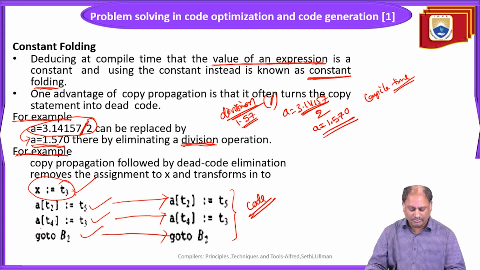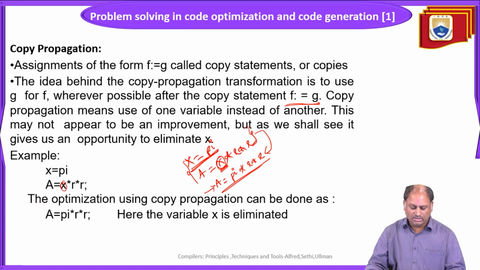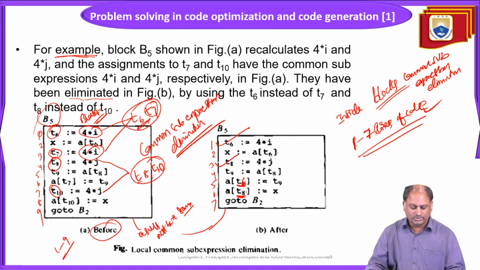And also copy propagation, which is used for dead code elimination, where code not required for execution is removed, along with variable substitution and the recalculation of several computations with multiplication several times, and assignments with T6 and T8.